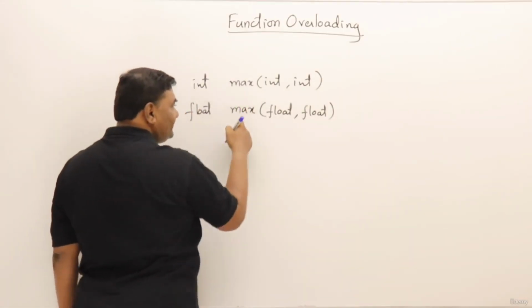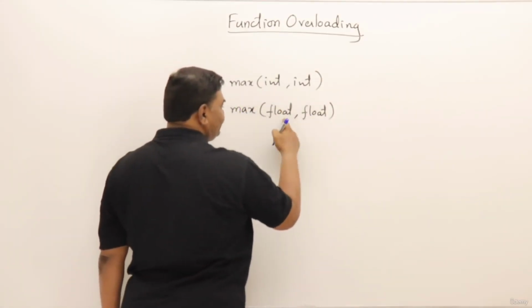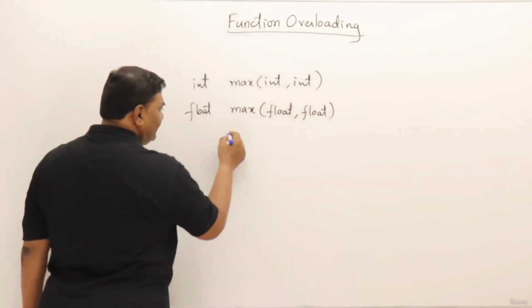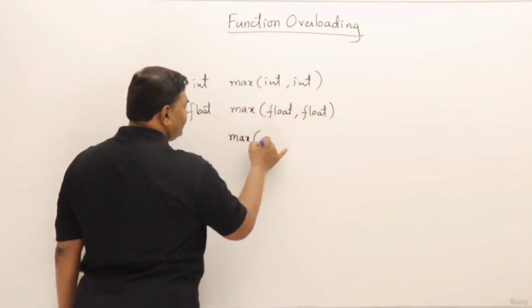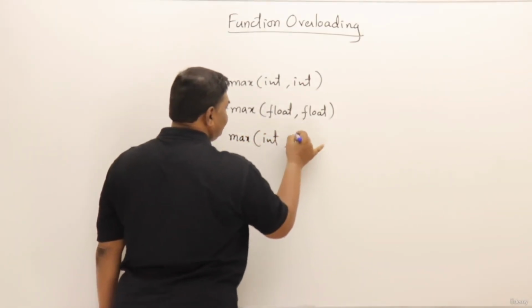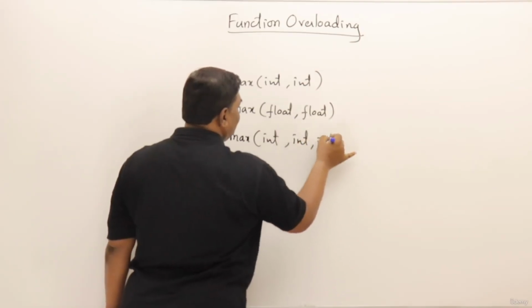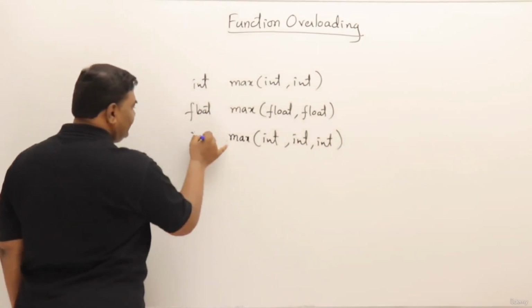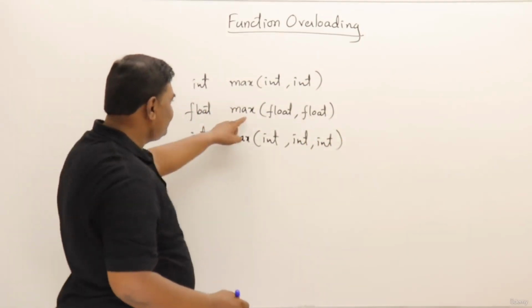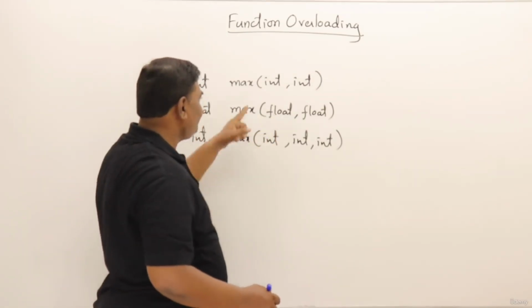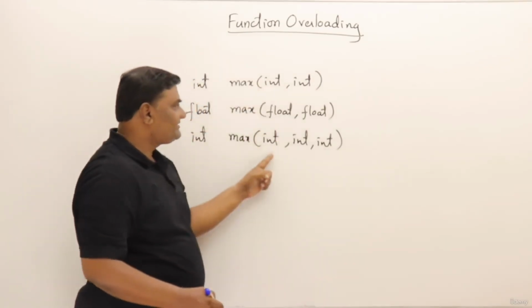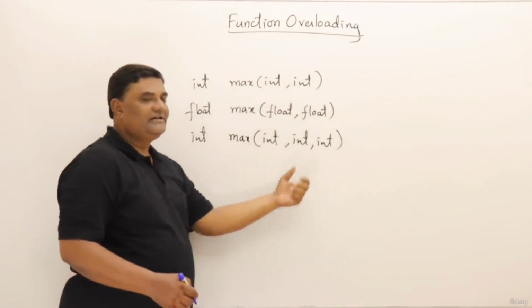Are these two different functions? Yes, because their parameter list is different, the data type is different. Can I have a max function which is taking 3 integers and returning an integer? Yes, it is different from this one because the number of arguments is different, 2 integers and 3 integers.